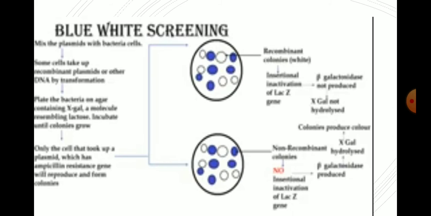So the marker gene which is present in coral reef or jellyfish is found in the form of GFP, that is green fluorescent protein.